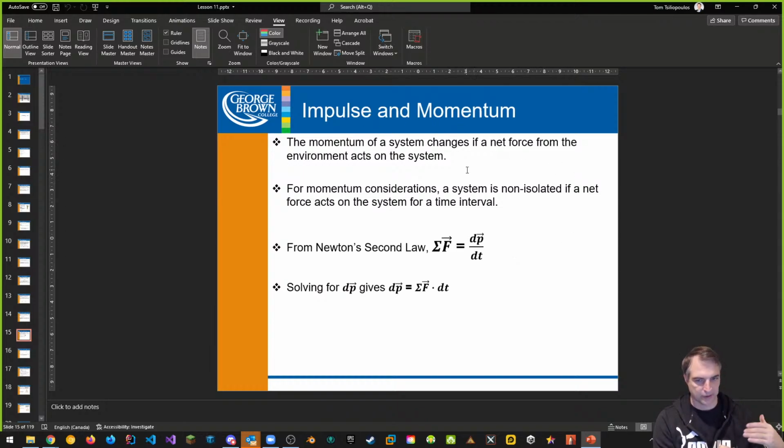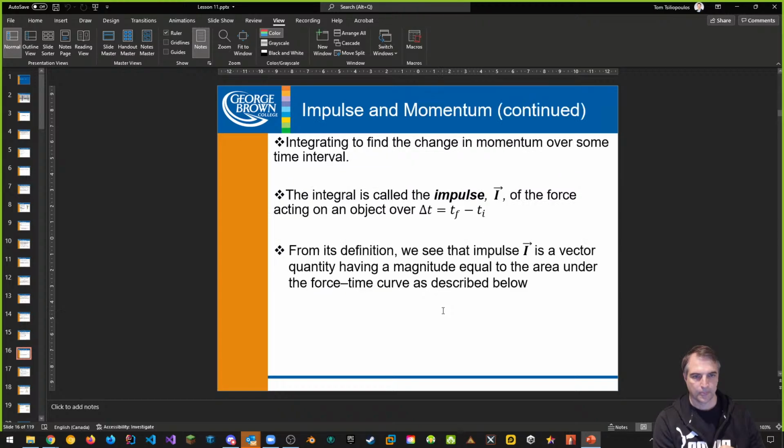So again, the sum of all forces is equal to the change in momentum over time. Solving for delta p, the change in momentum is equal to the sum of all forces times the change in time. Force times time is equal to change in momentum.